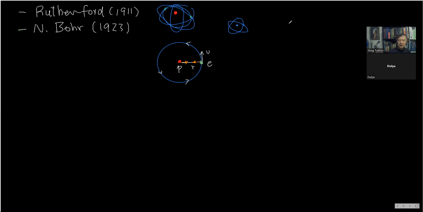Can you follow me? So this attractive force in the atom, in the hydrogen atom, can be represented by K multiplied by e squared divided by r squared. The original Coulomb's law is this. Some textbooks write this factor as 4 pi epsilon.